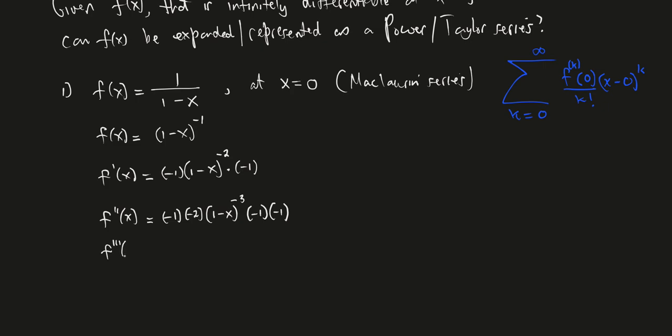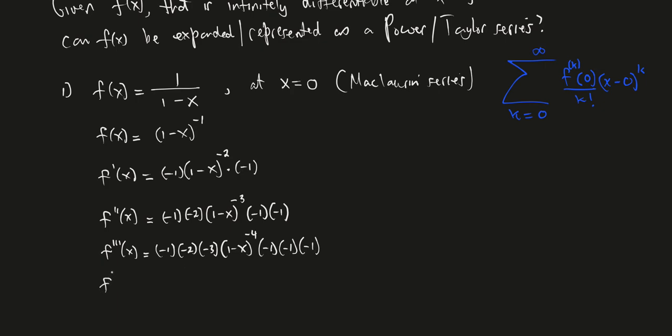So the third derivative: bring down the -1, the -2, the -3, keep the inner, subtract 1, bring down that -1, bring down that -1, and multiply by, again, the derivative of the inner, which again is -1. If you notice what is going on here, we have the same number of negative signs in front as we do here, so essentially all those negatives will go away.